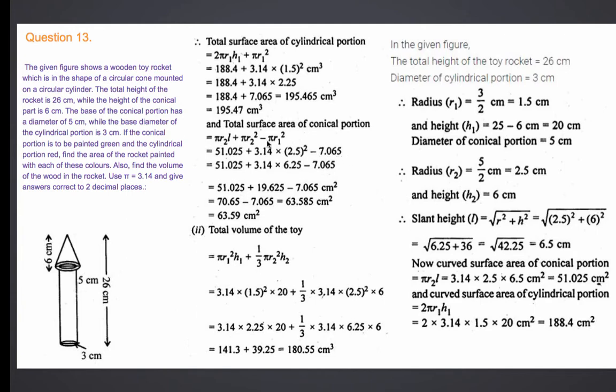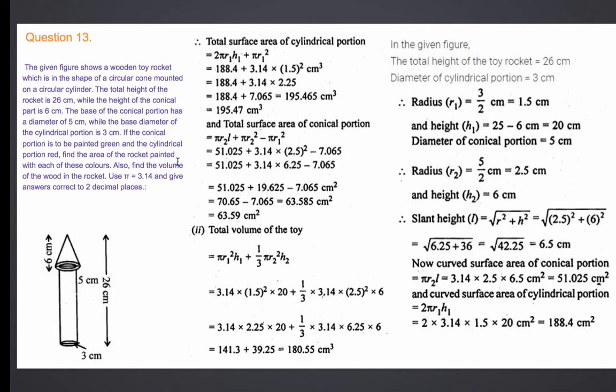This is the area of the circular base, which we have already calculated, so we are not calculating it again and again. Now add the two and subtract the area of the circular base, which comes out to 63.59.